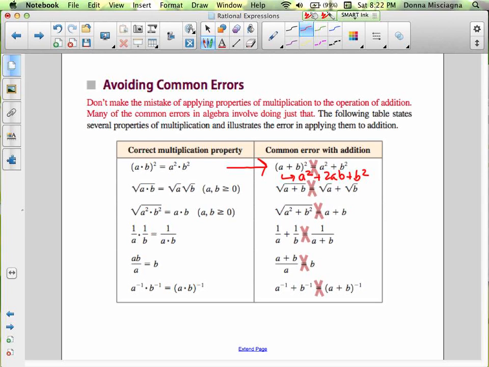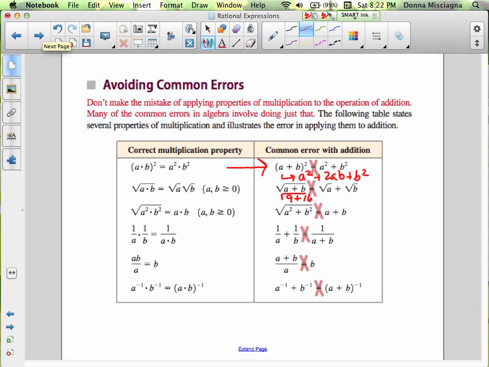You cannot, however, split up a sum. We can see that if we just take some numbers, it wouldn't work out. For instance, let's take the square root of 9 plus 16.